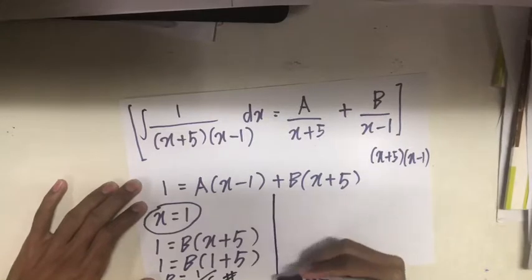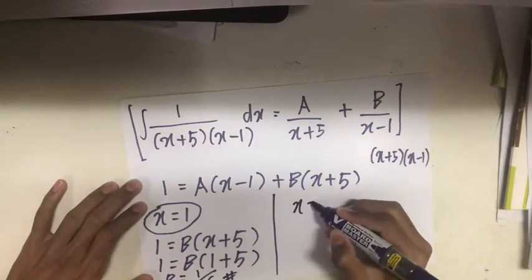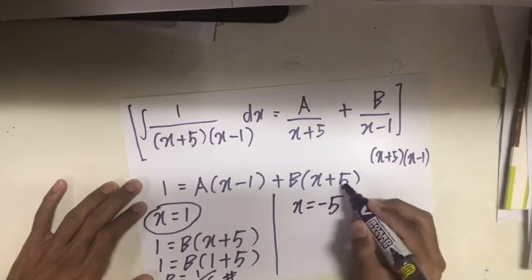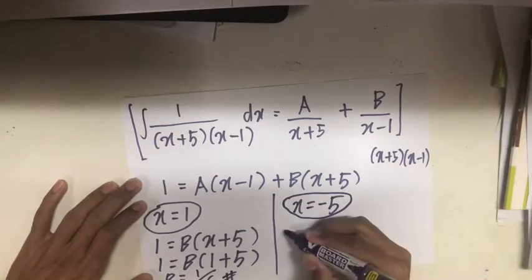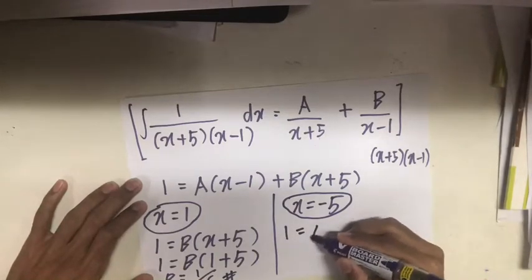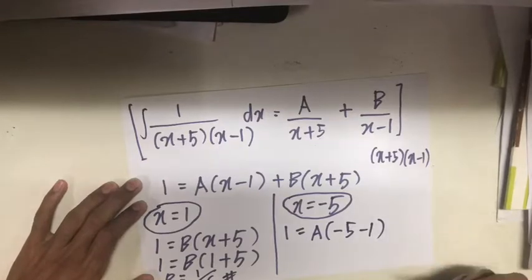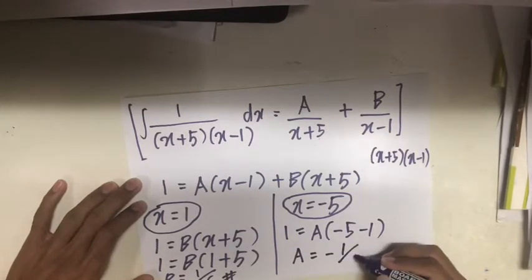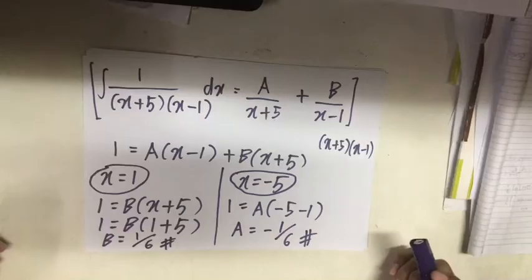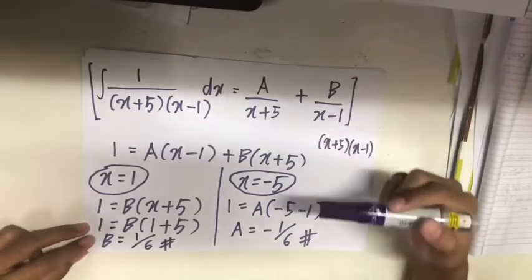And for A, we assign x equal to negative 5 because x plus 5 equals 0. So 1 equals A times negative 5 minus 1. So for A, we get negative 1 over 6. Right, so we will insert A and B into the equation.